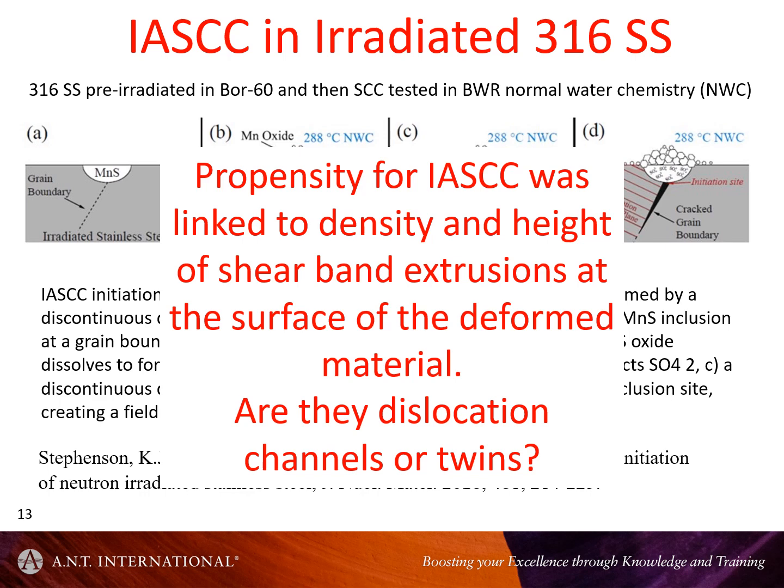Now, they showed some examples of extrusions on the surface where channels exited the surface, and they look just like many other examples I've seen where it's twins intersecting the surface. So one has to be careful unless one's done the analysis to prove that we're dealing with a twin as opposed to a dislocation channel. It becomes difficult to pin your hat on any particular mechanism.